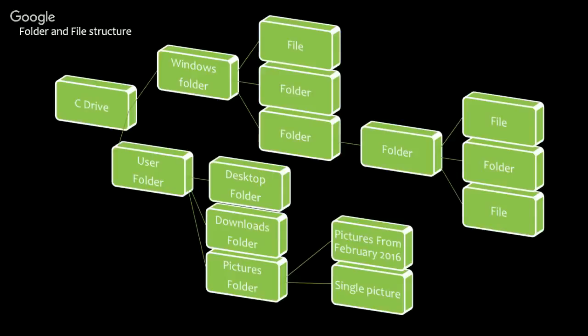So your C drive is the root folder on the hard drive. From there, everything on your computer is accessible. So while looking at this diagram, I'm going to minimize this and show you the C drive on my computer so you can kind of see where I'm going with this.